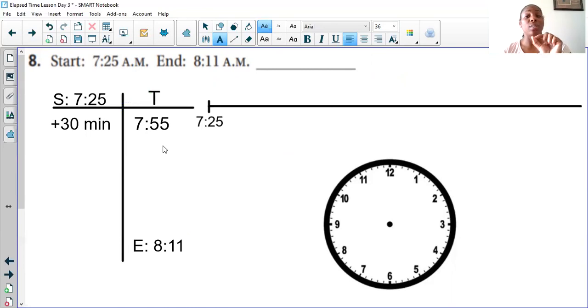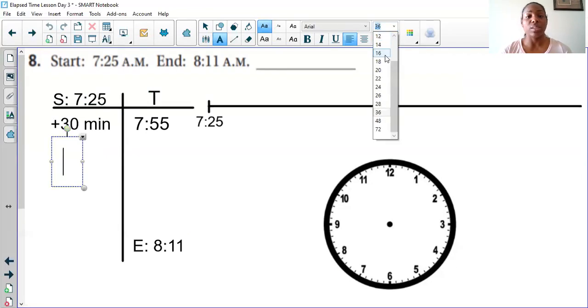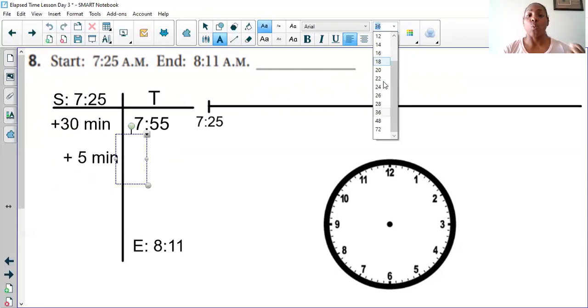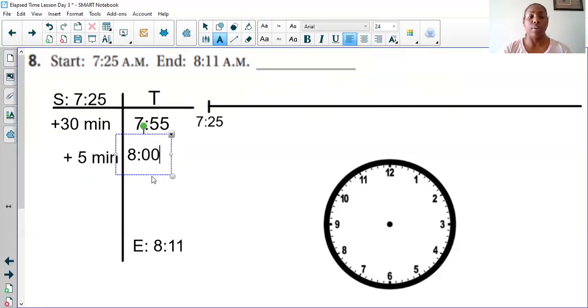So you know how I am. I like to get as close as I can. So what I'm going to do is I'm going to type in just 5 minutes, only because I just want to be able to get to the next hour. So I'm going to go ahead and add the 5-minute jump. And so when I add my 5-minute jump, that should bring me to what hour? 8 o'clock. Very good.